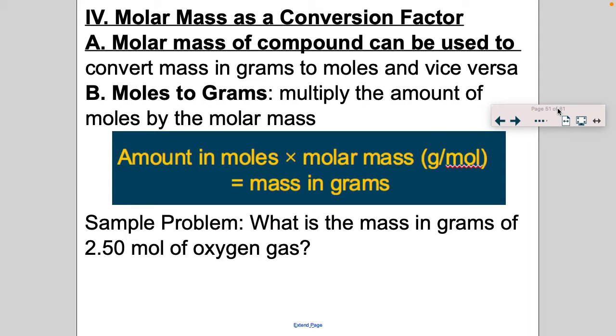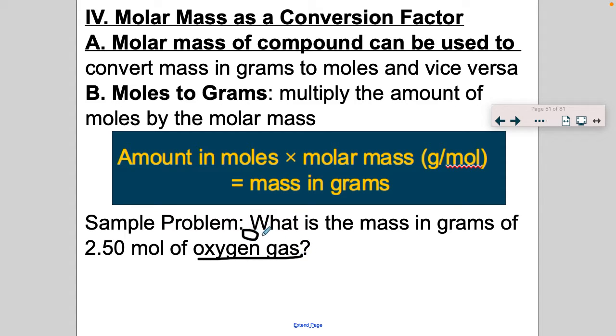All right, so the molar mass serves as the conversion factor. You can go from moles to grams, grams to moles. So sample problem: what is the mass in grams of 2.5 moles of oxygen gas? So first off, what is oxygen gas? O2.